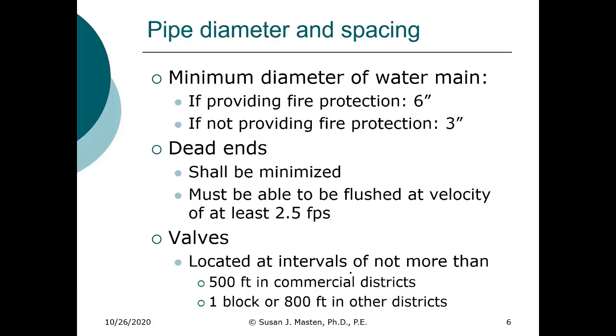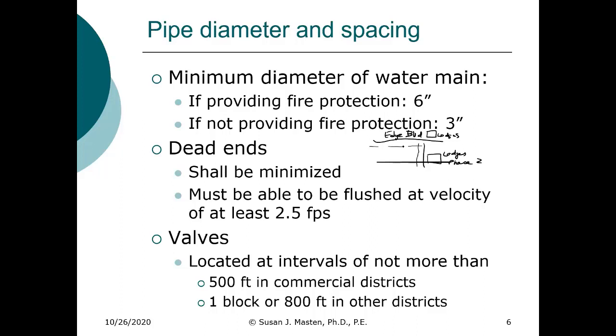The other thing you want to do is minimize dead ends. So what does that mean? Let's think of Ide Boulevard. You've got Lodges here, you've got a road, you've got Lodges Phase 2 here, and you have a distribution system.